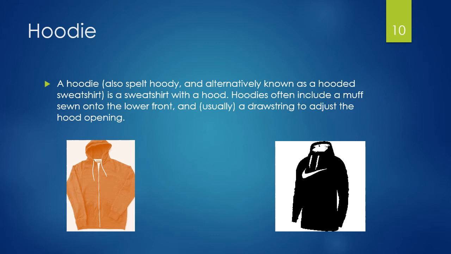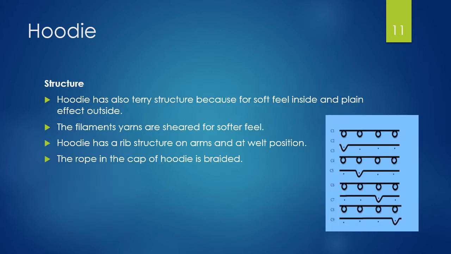In Western countries the time period of the winter season is large, so these garments are mostly used in the Western countries. So this is the definition of the hoodie, and at this slide we define the structure for a hoodie.